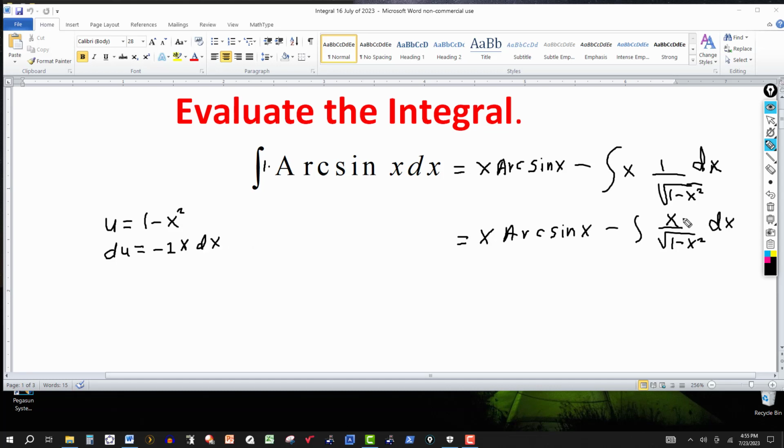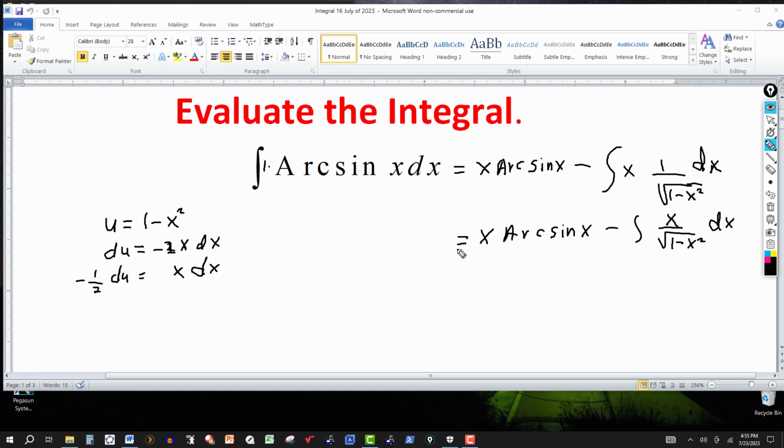So then I want to transform this integral here into one involving u. So I'm changing the variable here, so x dx will equal, divided by negative 2, this would be a minus 1/2 du.